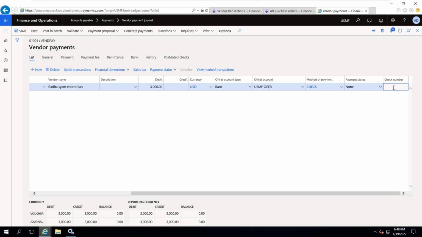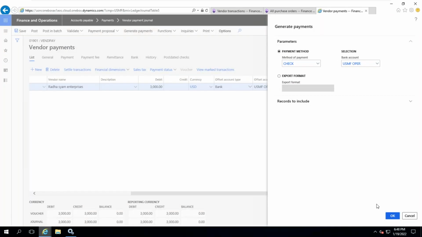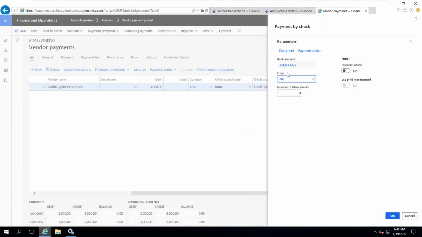The check number, you cannot enter manually. It is not possible. You need to click on generate payments and click OK. Then this is the check number. Click OK.